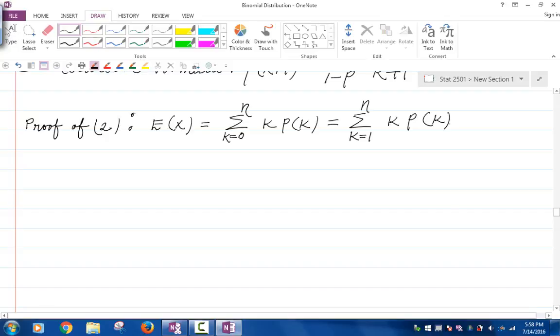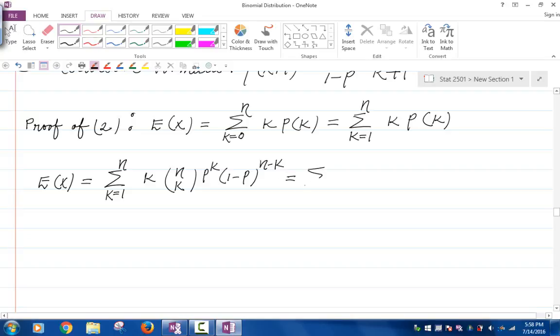Okay, so now I'm going to plug in p of k. So this is k going from 1 up to n, k times n choose k p to the k 1 minus p to the n minus k.